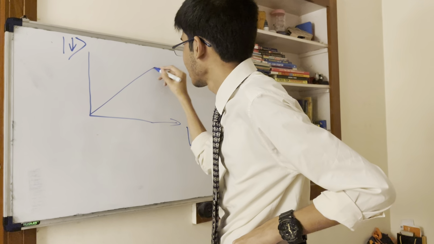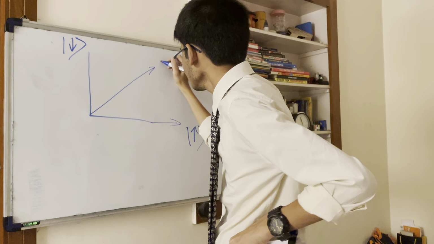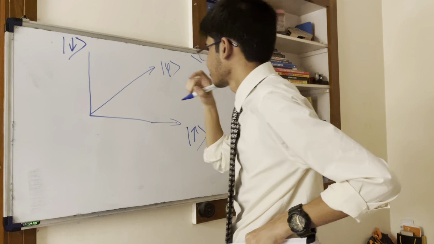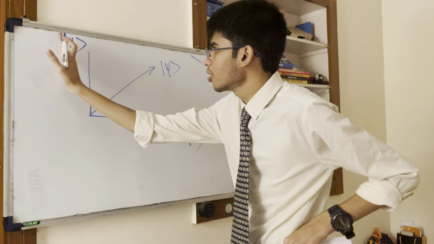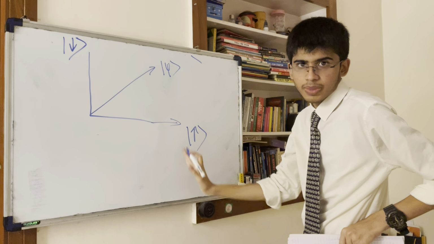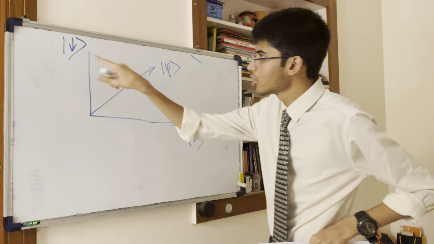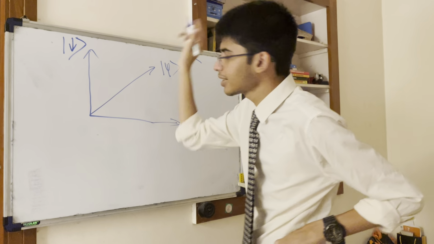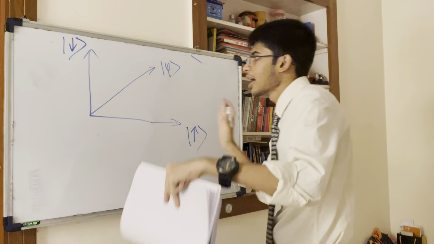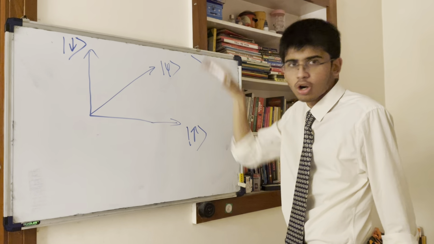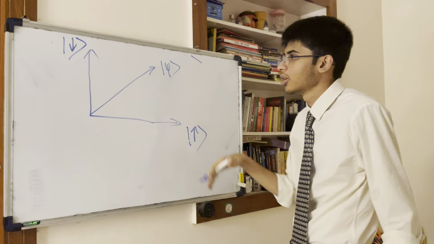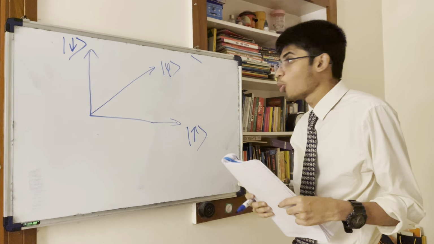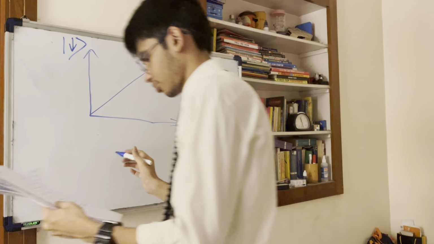So it's going to be something like this state. It will have some amount of spin down, some amount of spin up. Now when I measure it, it's either becoming this or this. So it is collapsing, it is falling onto either the x-axis or the y-axis. So I can visualize it as falling onto either axis. And that's what I mean by collapse of the wave function.